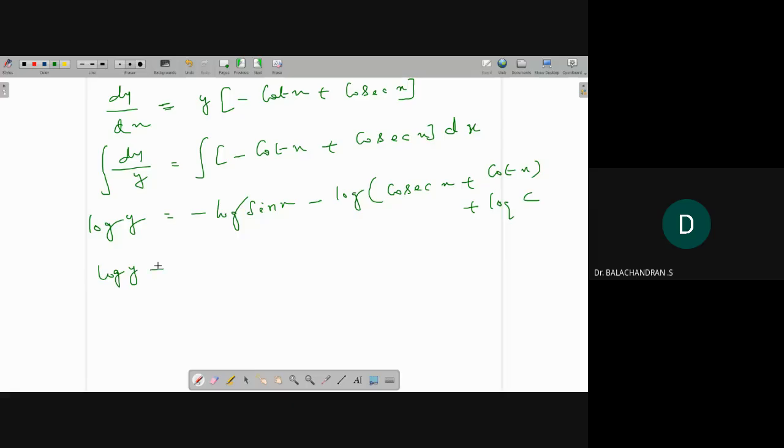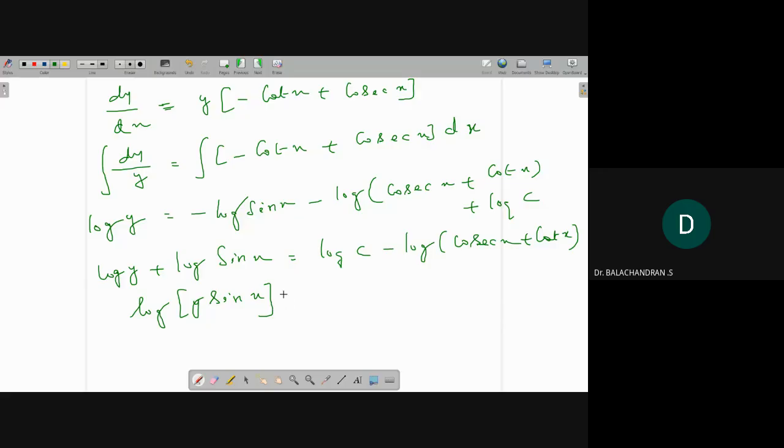So I will do like this: log y plus log sin x equal to log c minus log of cosecant x plus cot x. So log a plus log b, so log of y sin x. This is log a minus log b. So log c divided by cosecant x plus cot x.